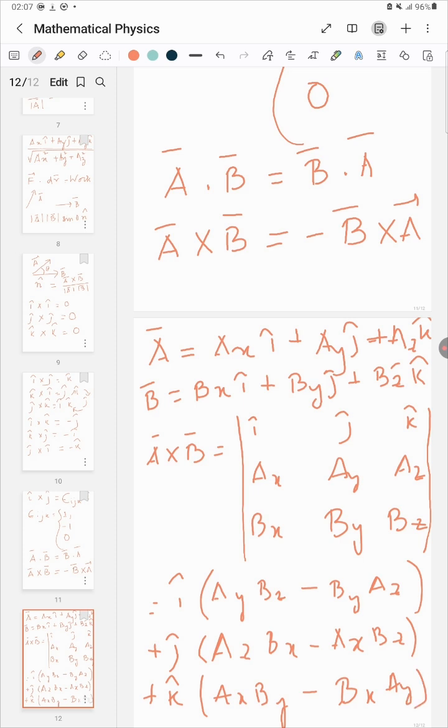So this is how you find the cross product of two vectors if the vectors are expressed as components of i cap, j cap and k cap.